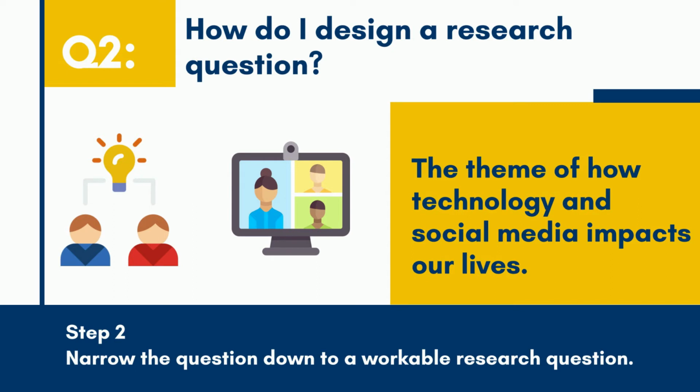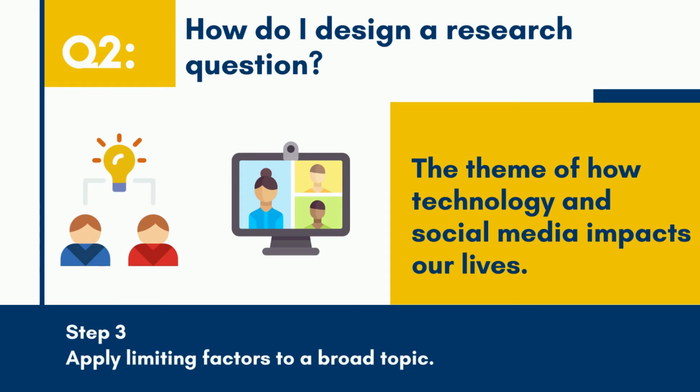A useful technique is to start to apply limiting factors to the broad topic that you have selected. If you ask the question, what part of life does it have an impact on, the original title can now be redefined as the theme of how technology and social media impacts the English language. However, this is still too broad a basis for a research question, as there are too many effects technology and social media could have on the English language.